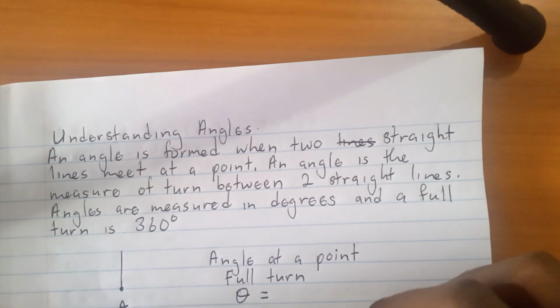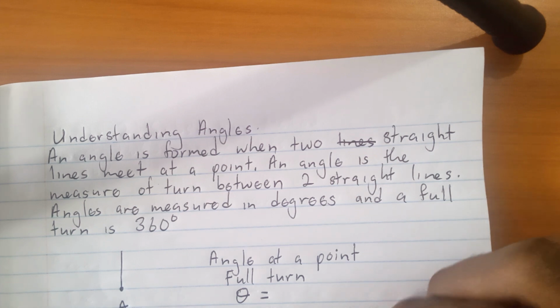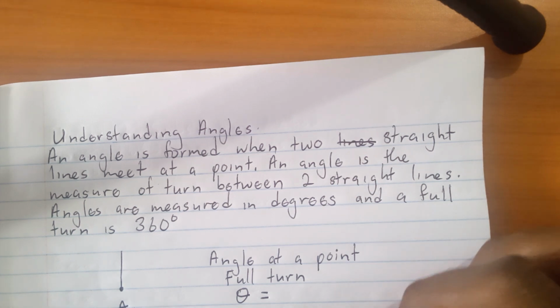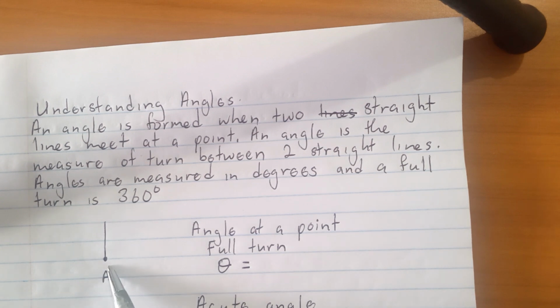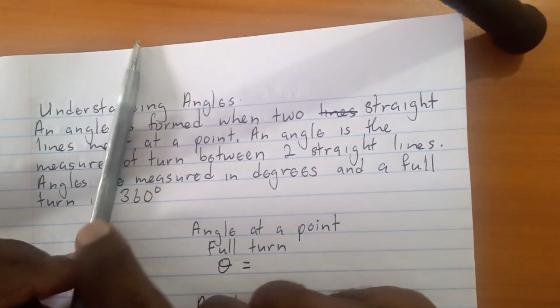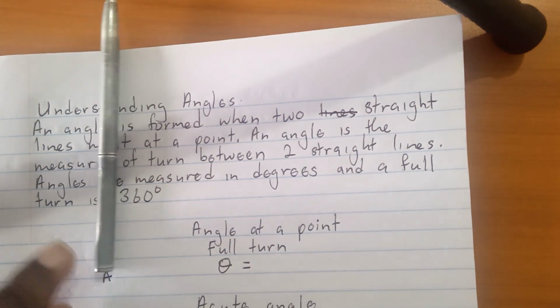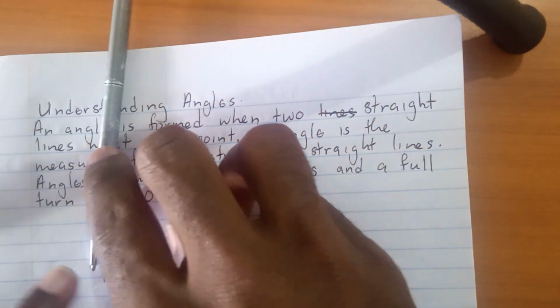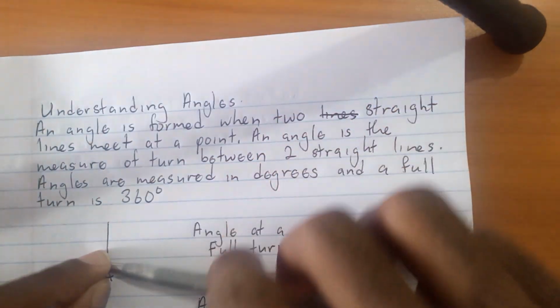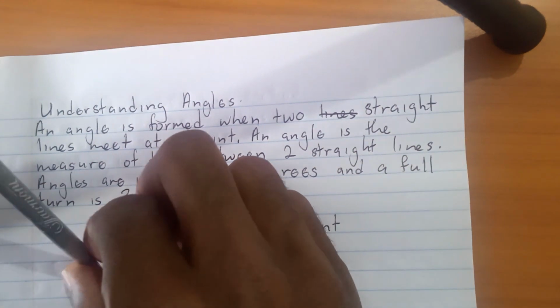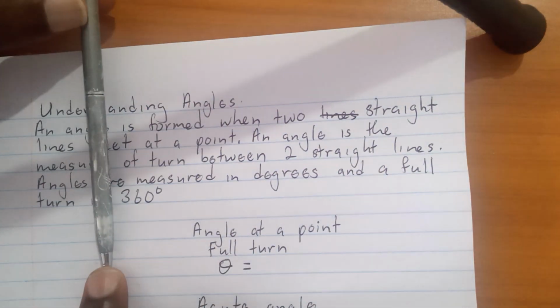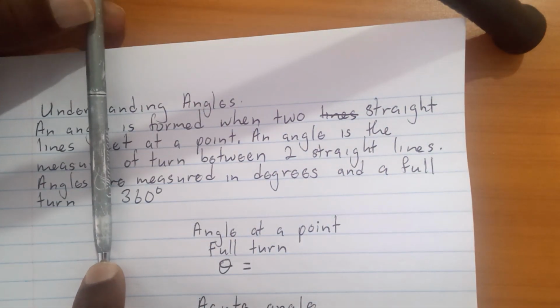Now, angles are measured in degrees, and a full turn is 360 degrees. What do you mean when you say a full turn? For example, I have my point A here, okay? And if I assume this pen marks the point, and I turn it all the way until it comes back again there, it has just done a full turn.